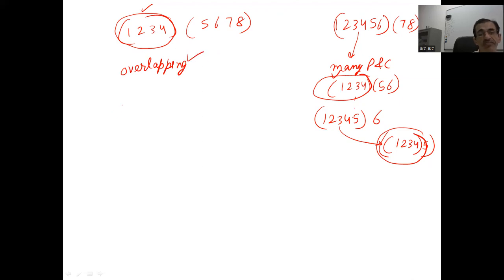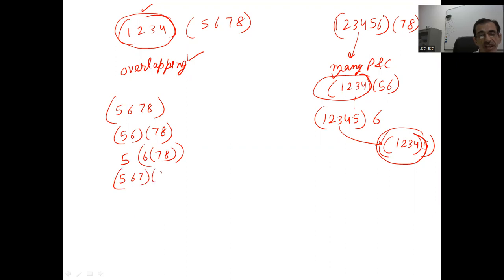Similarly, if I say 5, 6, 7, 8, it can be further parenthesized in different ways. It can also be parenthesized with 7, 8 together with 6 like this. It can also be parenthesized as 5, 6, 7, and 8, and many more like that. But indirectly, 7, 8 appears here also, here also, and in another solution of MCM 1 to 8.